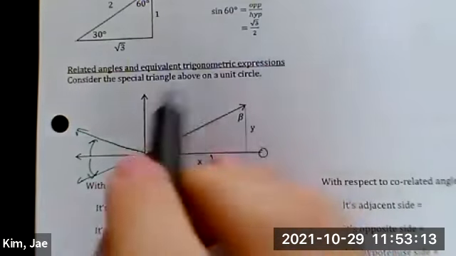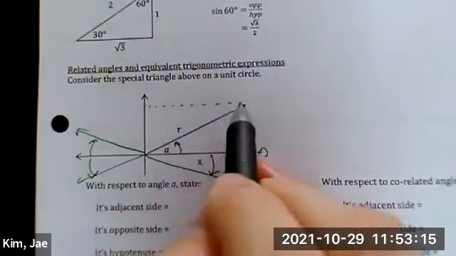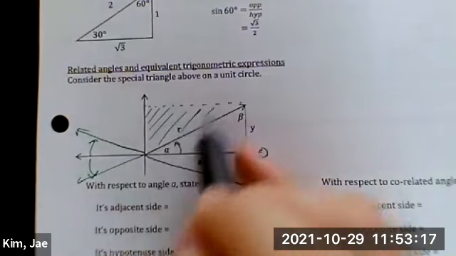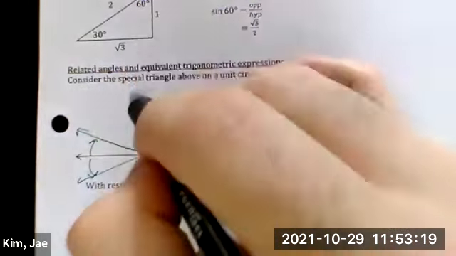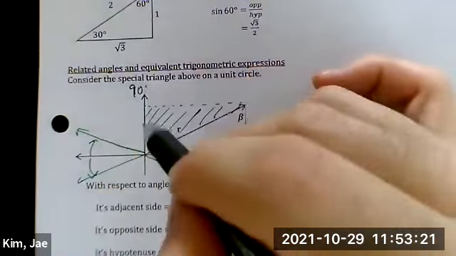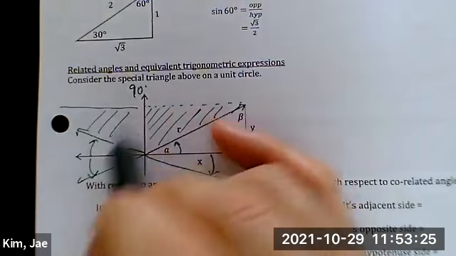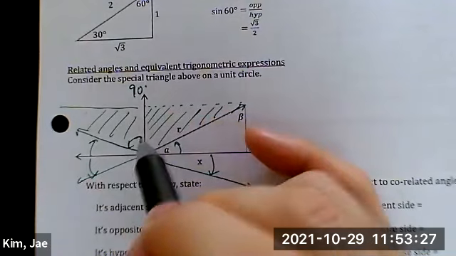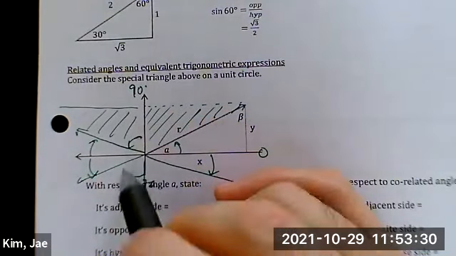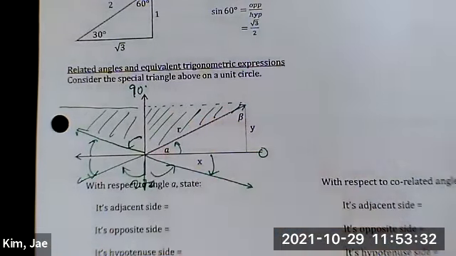Correlated triangles are drawn with reference to the y-axis. So it's going to be 90 minus a piece, or 90 plus a piece, 270 minus a piece or 270 plus a piece. The same idea, but just y now.